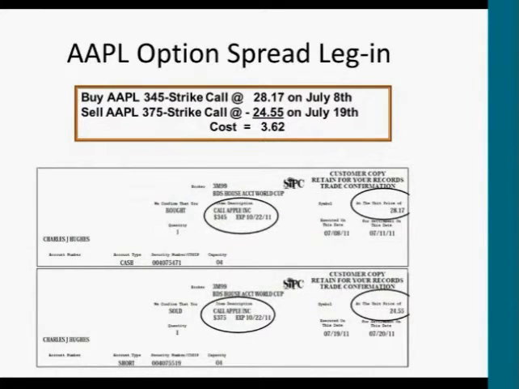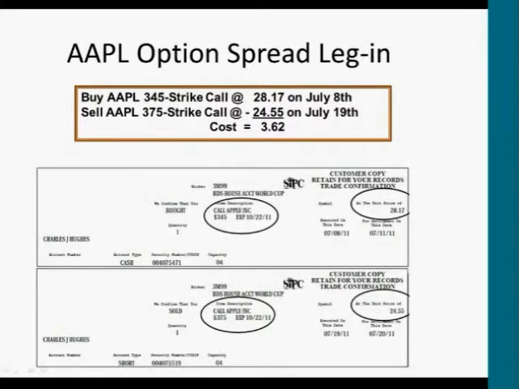Here's another example. This is for Apple. I bought the 345 strike call at 28.17, and that was on July 8th. And then I sold the 375 strike call at 24.55 on July 19th. So 11 days later, I wanted to protect my existing profit, and I went ahead and sold the 375 strike call.